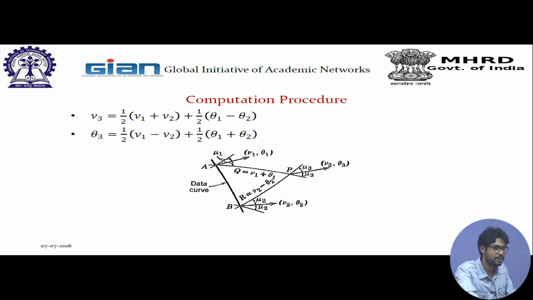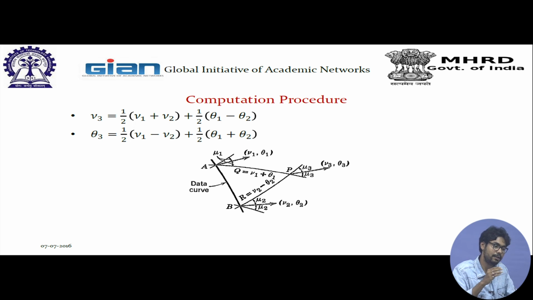So what it comes down to is, suppose this is the data curve, we start from here, these are the two known points A and B, and we want to find the value of the flow quantities at point P. What we need to do is nu 3 is half of nu 1 plus nu 2 plus half of theta 1 minus theta 2, and theta 3 in a similar fashion. So these are basically simple algebraic expressions to calculate the flow quantities. Now one thing is that suppose this data curve is a wall, so in that case our theta will be known and nu will have to be found out, because flow inclination will be known along the wall.